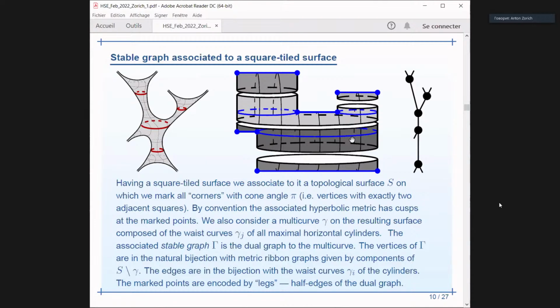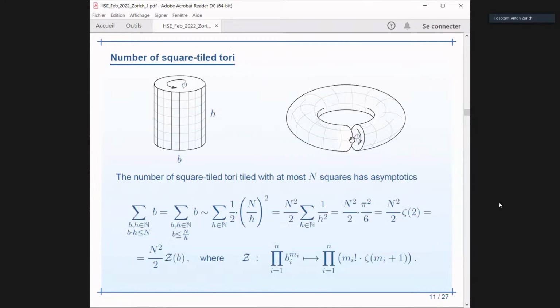So I will get an extra factor b, like in this computation of square-tiled tori. So all horizontal parameters are already fixed, and then there are vertical parameters, and there would be a computation similar to this computation of the tori, where we sum over all possible horizontal parameters b, but there would be these vertical parameters h, which are responsible for heights of the cylinders involved, but somehow they would be wrapped easily in this computation.